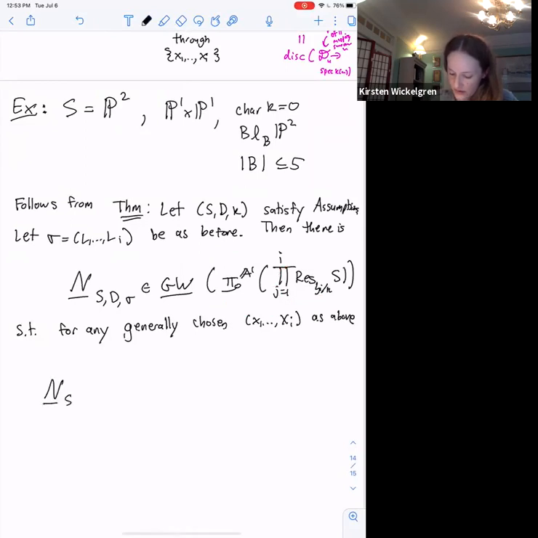We'll say that pullback is what you get when you evaluate at x, and this is equal to that same count here.